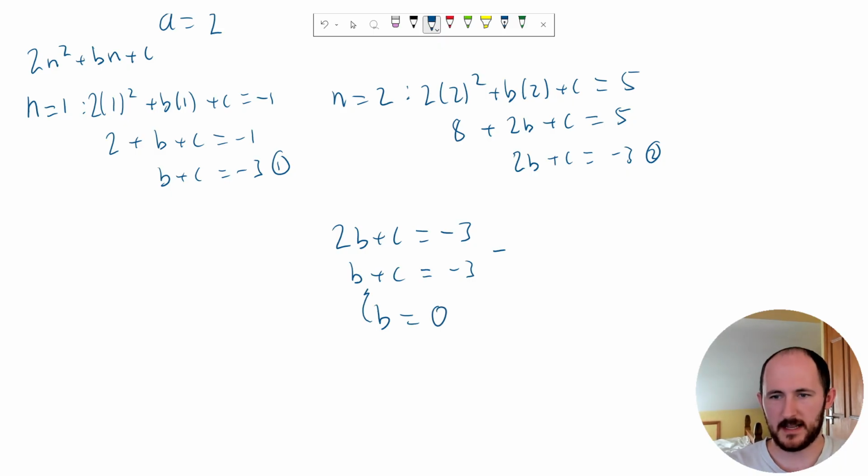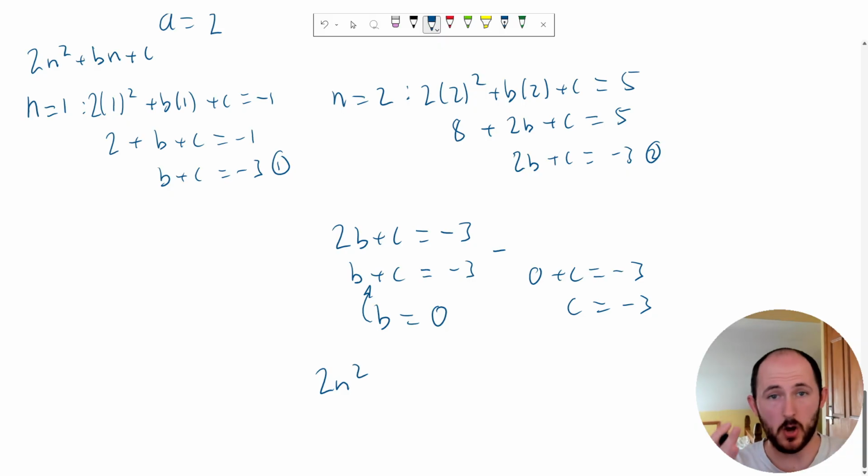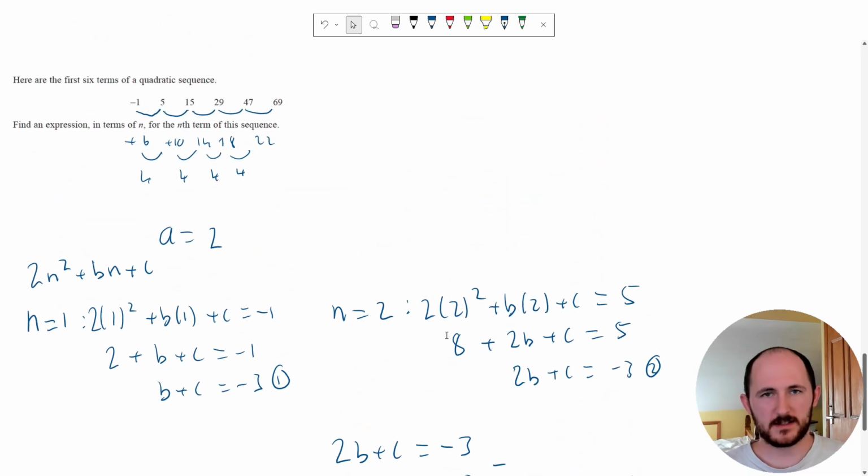And subbing that back in, we get 0 plus c equals negative 3. So that means c is equal to negative 3. So our final answer is 2n squared. There's no b, okay, and then minus 3. So again, you can get b or c being 0. You will never get a being 0, because there's nothing you can divide by 2 to get 0 except 0. So yeah, hopefully that makes a lot more sense.